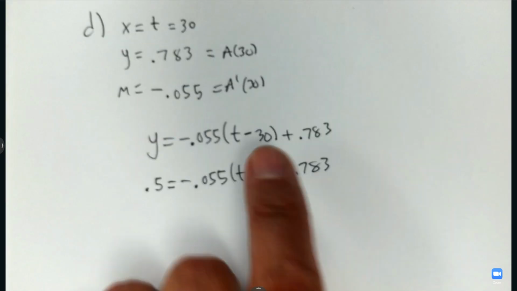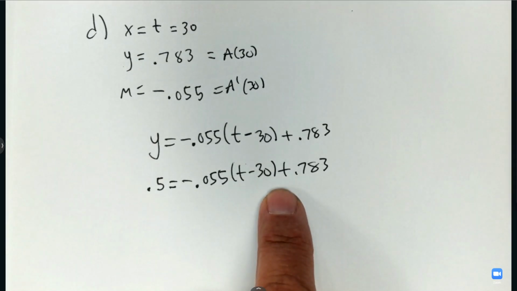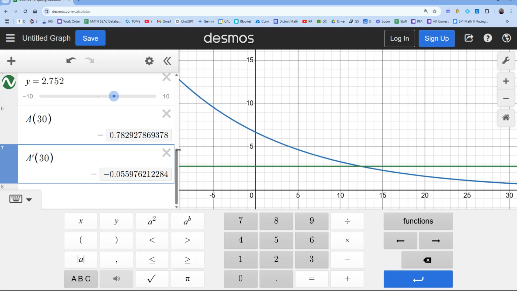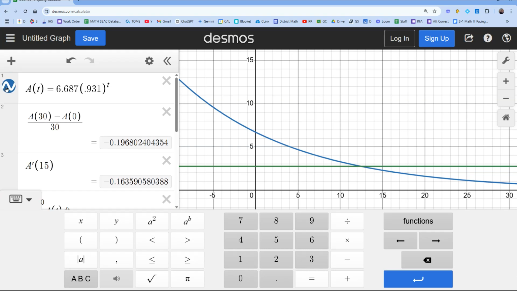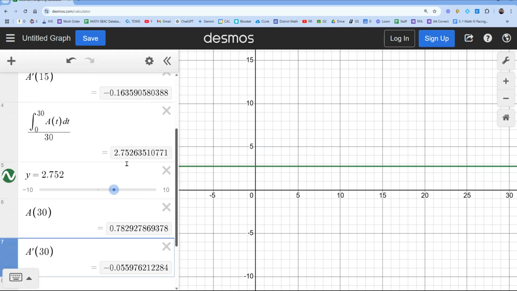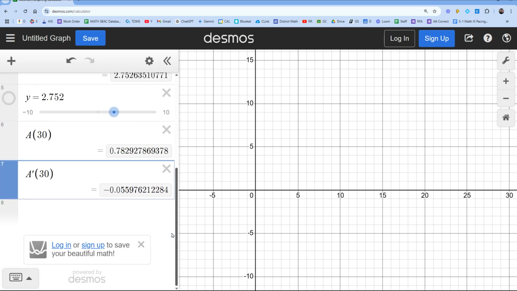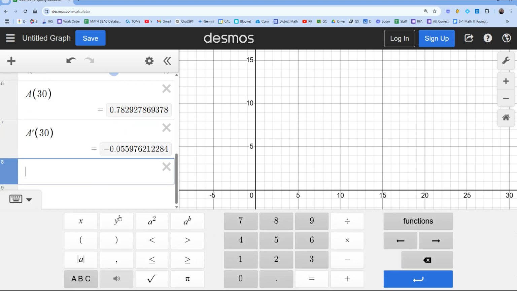So if you want an easy way to solve that, we're going to come back over here. We don't need those graphs anymore, so I'm going to click on the color to not have a graph, and then I'm going to type both those equations in, left side and right side.